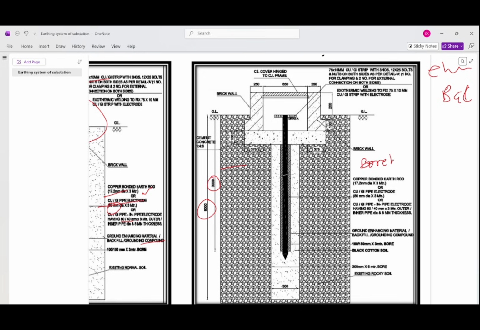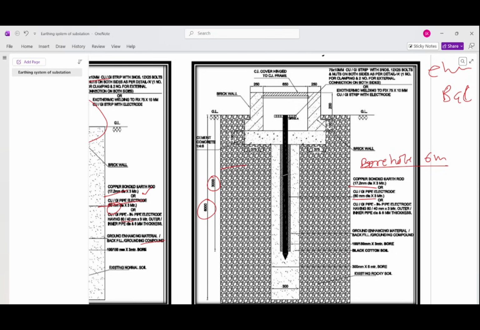Borehole is 6 meters. This is the change. Other pipe specifications will change as per the requirement: 17 mm 3 meter, 80 mm 3 meter, 80 mm 40 mm 3 meter, copper and GI pipe electrodes. So different pipes and different electrodes will change accordingly.